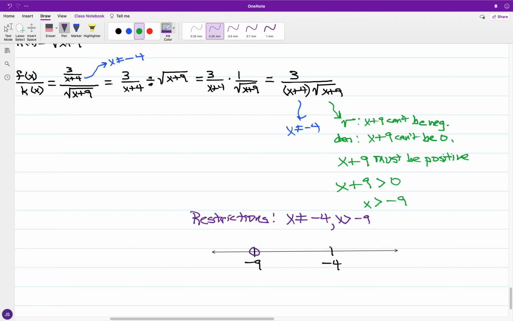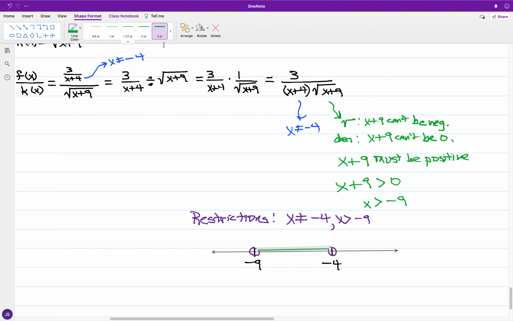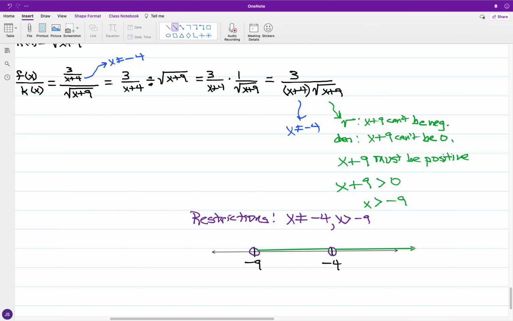So you have excluding both negative 9 and negative 4. And again, x is greater than negative 9, but leaving out negative 4. Then proceeding past negative 4, we've got an array going continuously out to the right.